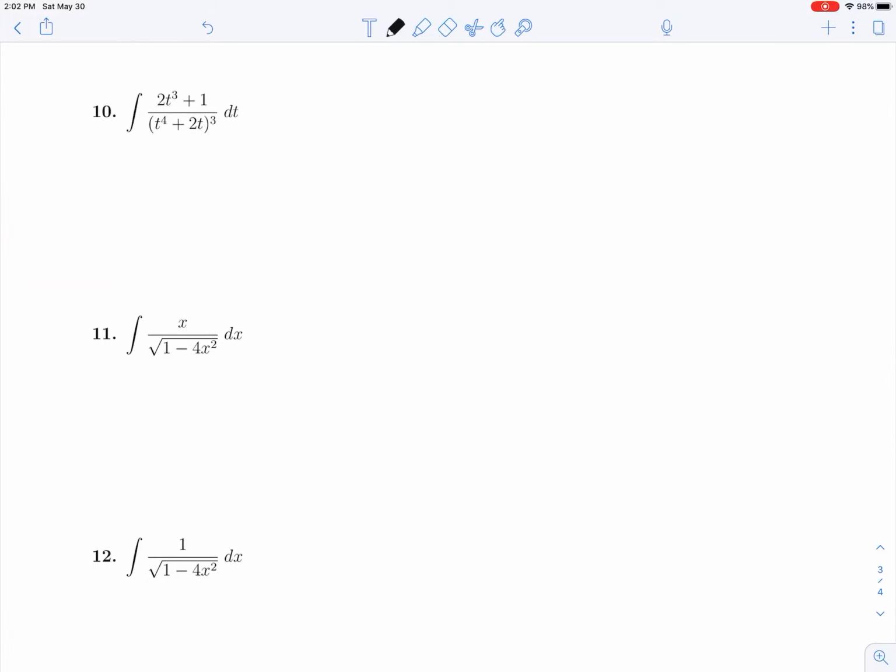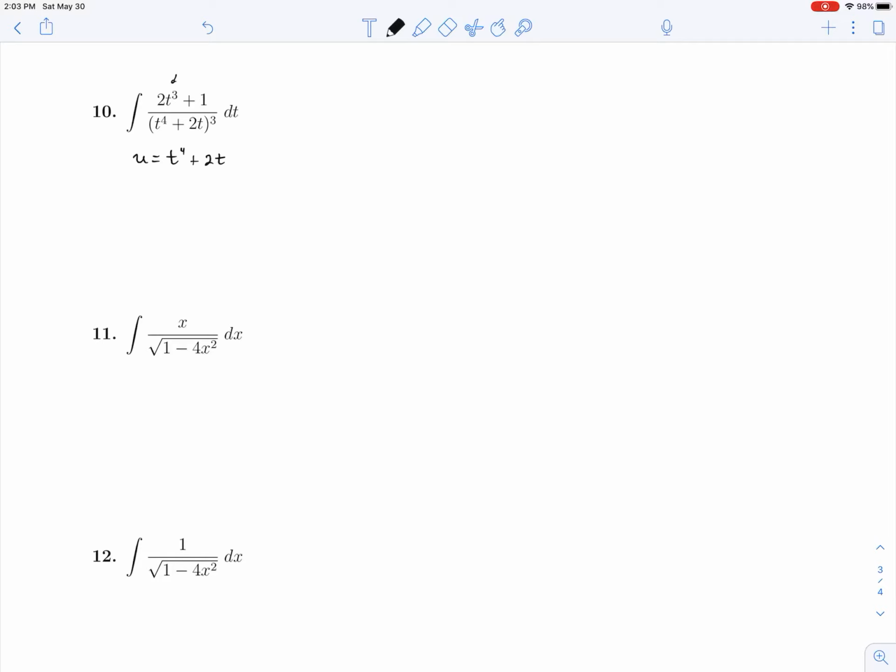Next, if you look at this one, I think the most obvious u to try would be t to the 4th plus 2t, because at least you can see that when you take the derivative of t to the 4th, you're going to get t cubed.